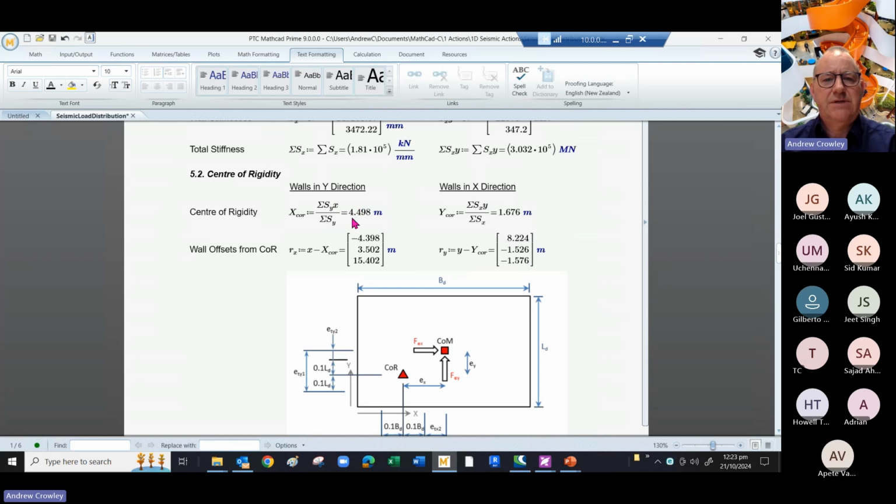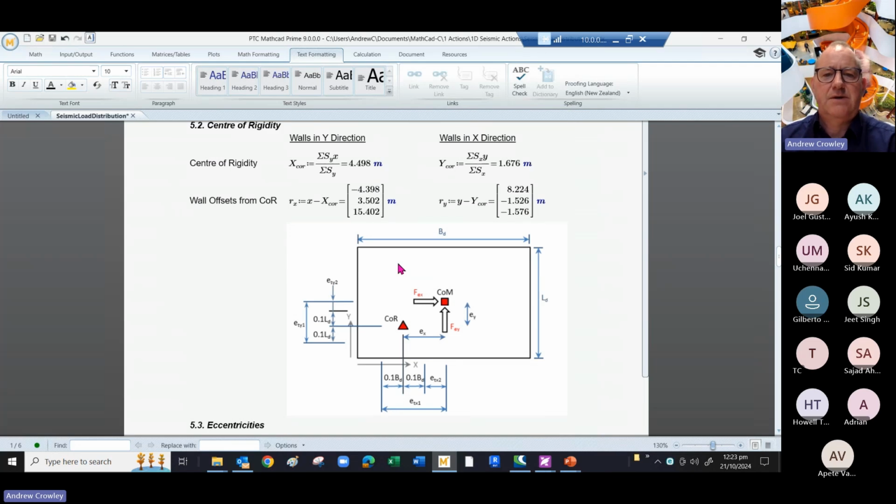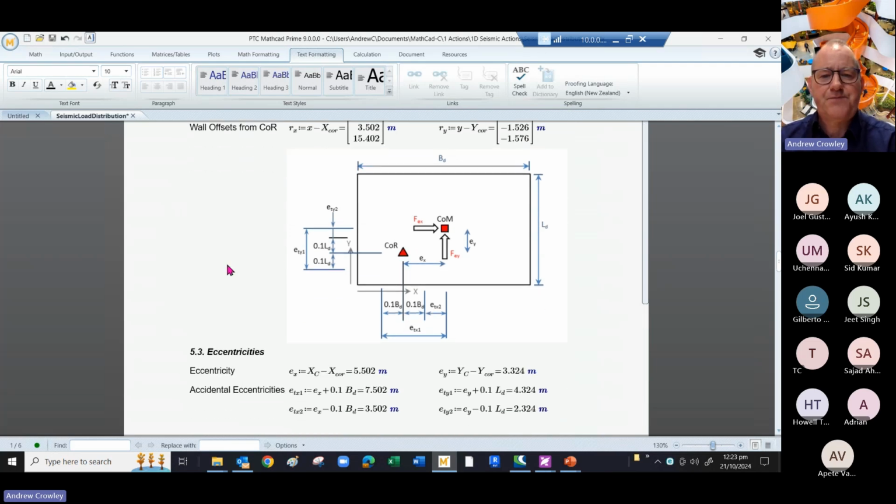So that gives you the resultant x offset, and similarly a y offset for the walls in the x direction. So then we derive the wall offsets from the center of rigidity as Rx, and so we have 4, -4, 3.5 and 15 for the walls in the y direction. And this is shown in this diagram here.